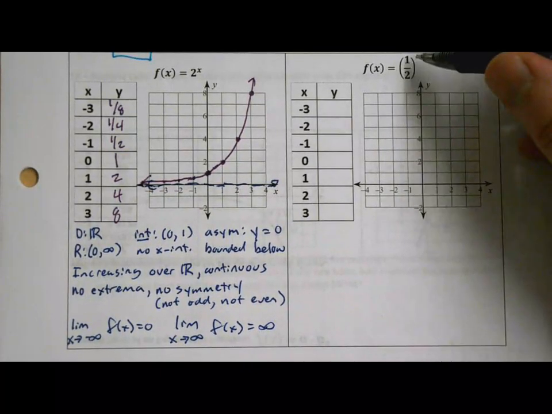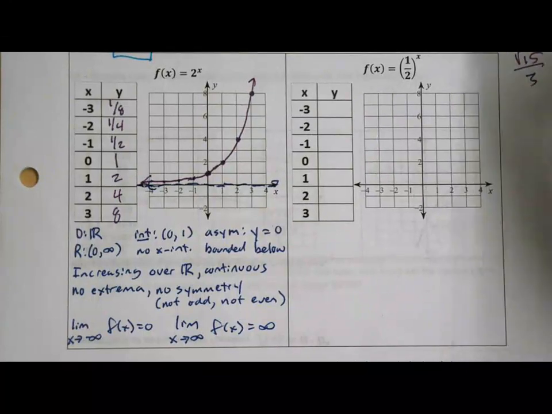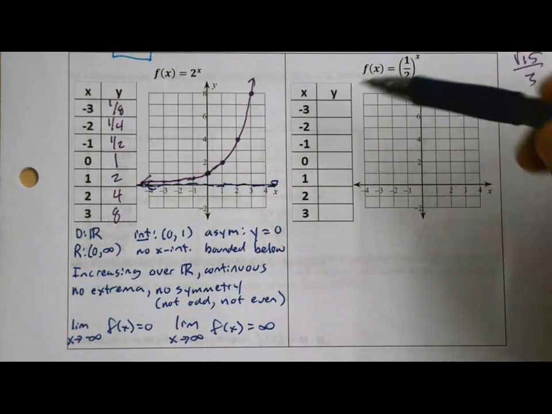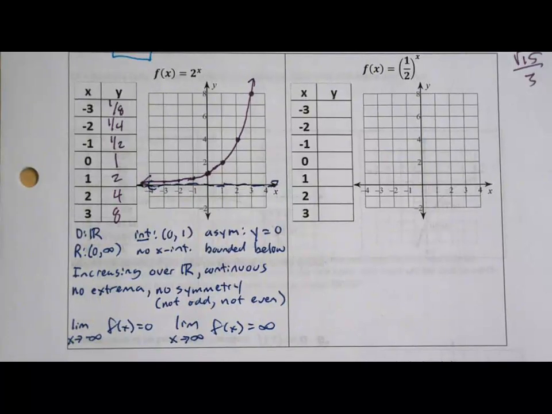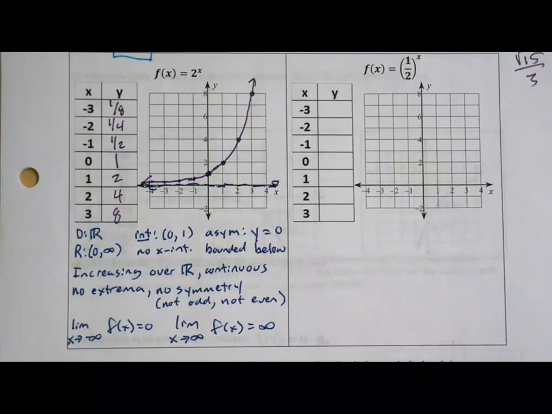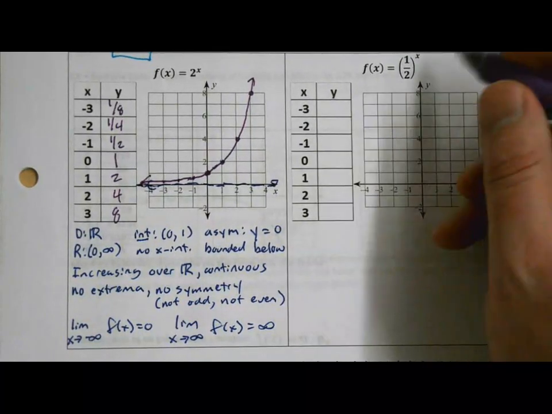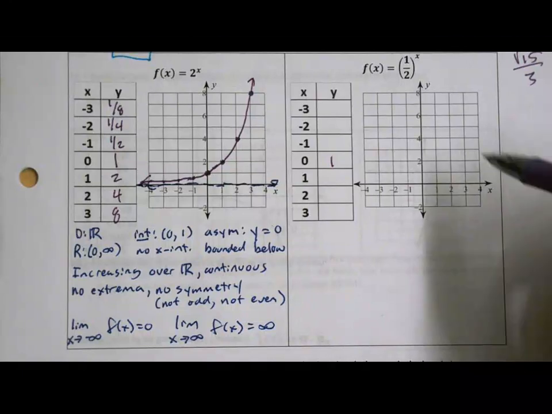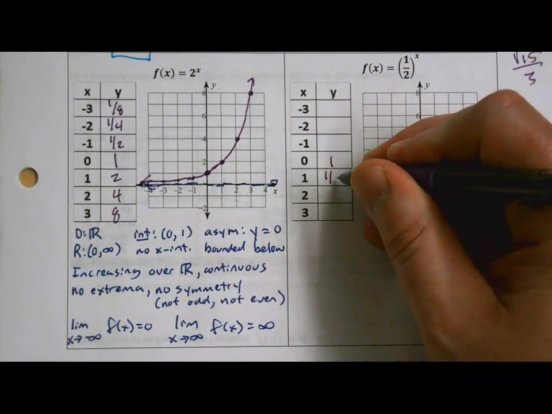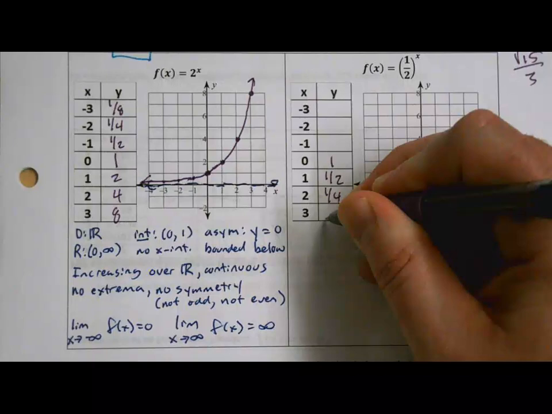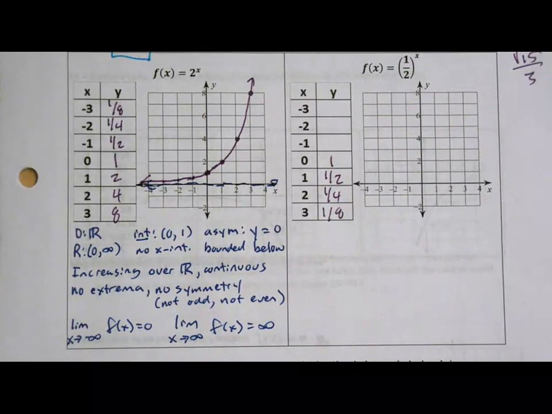What's going to change when it's a half instead of 1? These y values are actually going to be the exact same values. They'll just be backwards, right? So a half to the 0th power is still 1. A half to the 1st power is a half. Square it, you get a 4th. Cube it, you get an 8th.